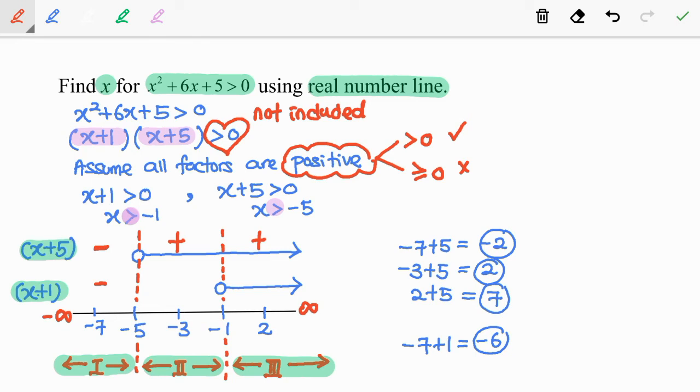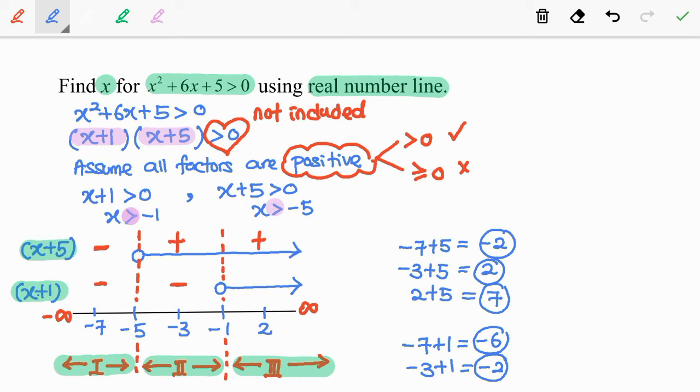Now on the second interval, so we take negative 3 as our value. So we put into the factors. So we have negative 3 plus 1 give us negative 2. So we get negative value, means we put negative sign over here.